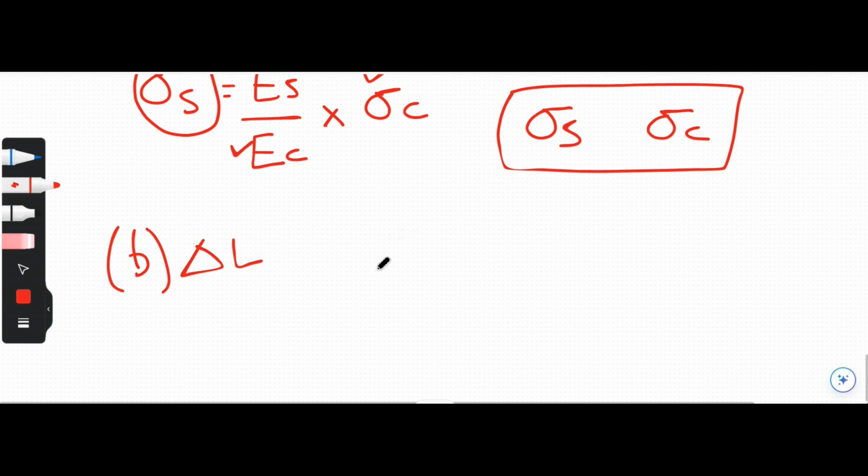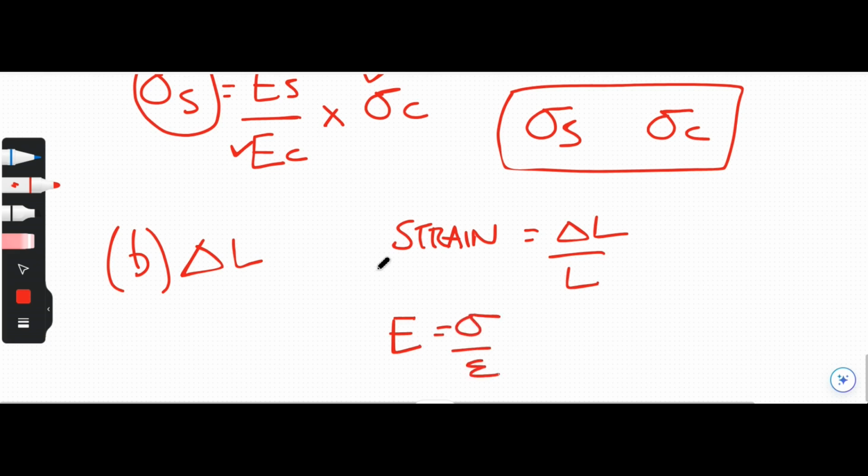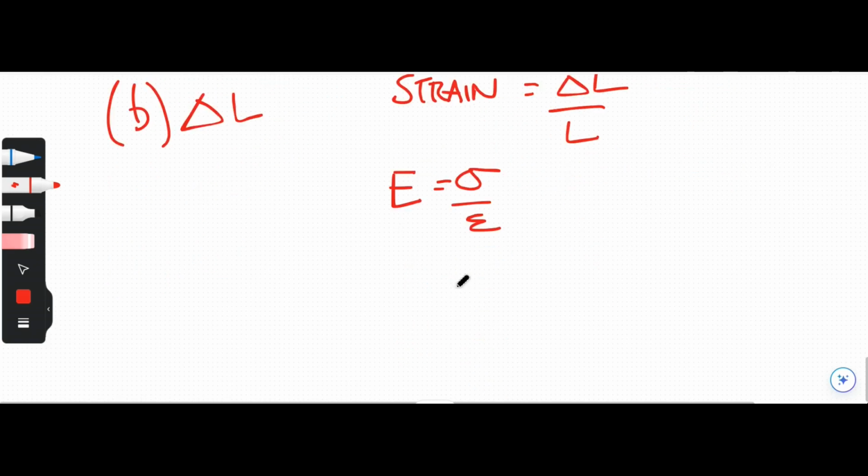Okay, so we know that strain is change in length over length. And we also know that Young's modulus is stress over strain. So the strains are the same.